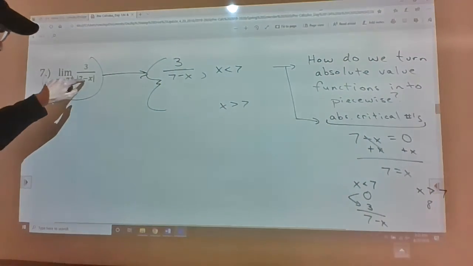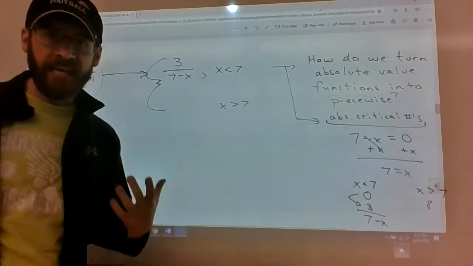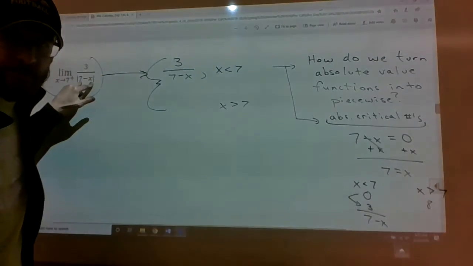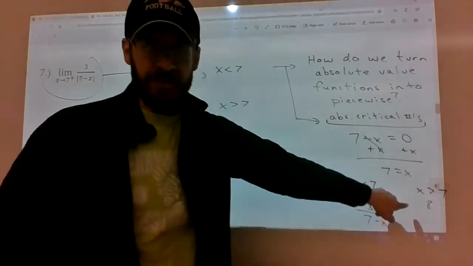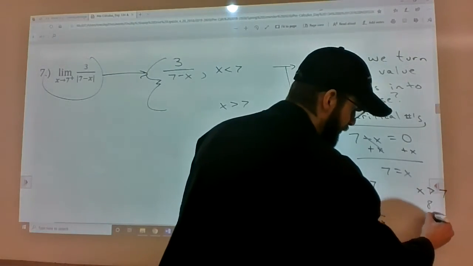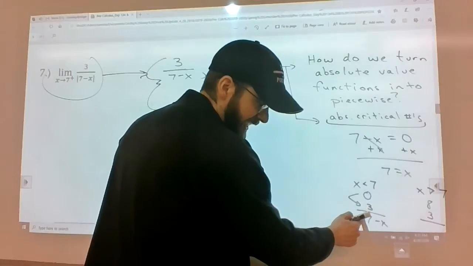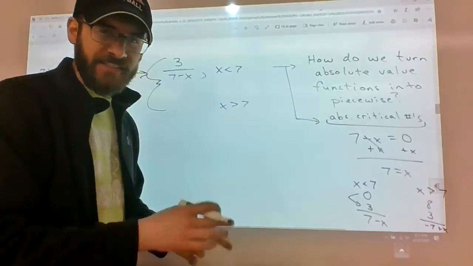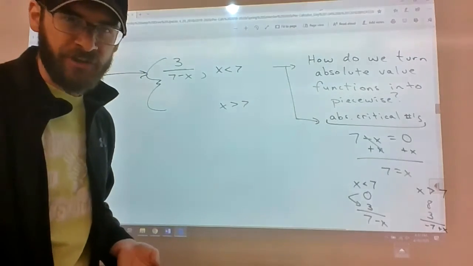What is 7 minus 8? -1. It yields negative behavior inside the absolute value bars. So this one is going to be 3 over negative 7 plus x. And I'm just going to write it as x minus 7 on the bottom. I think it's easier to visualize that way.